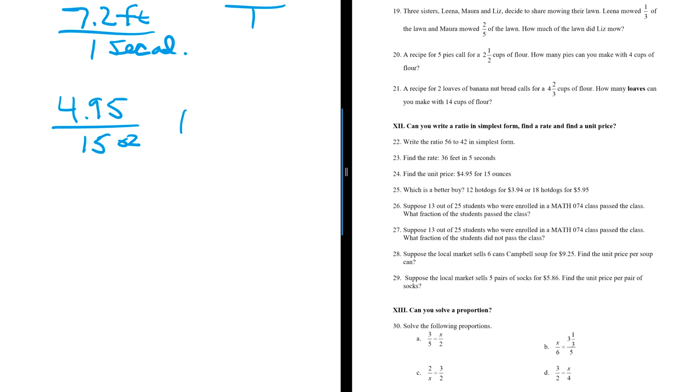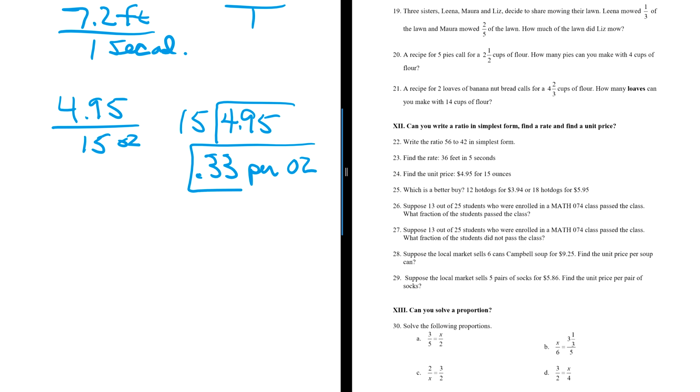Take your 15 and divide it into $4.95. And what do you get? $4.95 divided by 15, and I get 0.33 cents per ounce. I guess I could write it that way.